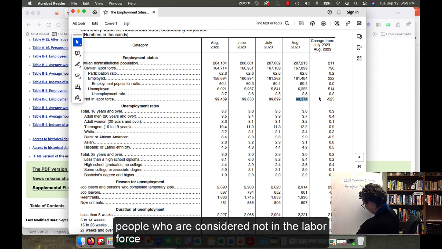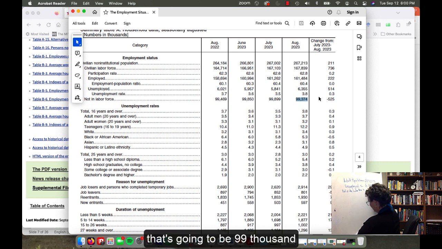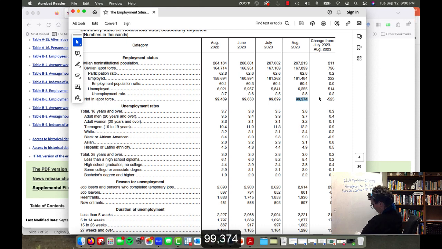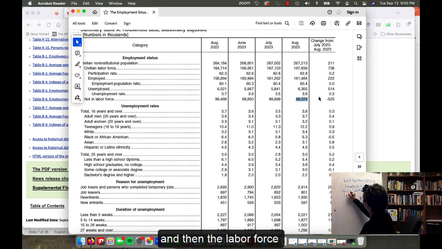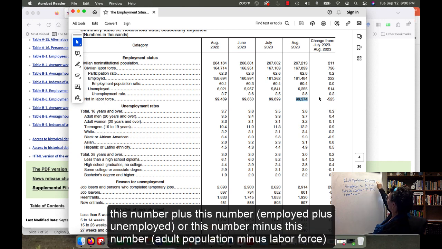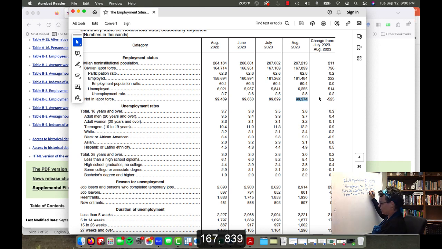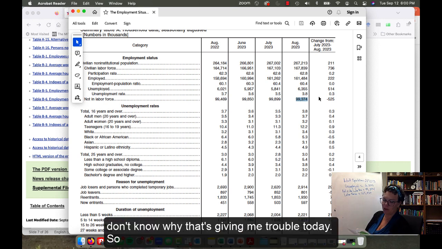And then people who are considered not in the labor force, that's going to be 99,374. And then the labor force, which is this number plus this number, or this number minus this number, is going to be 167,839. I don't know why that's giving me trouble today.